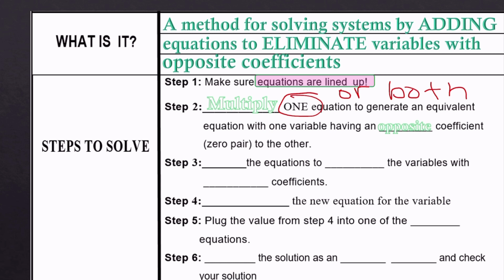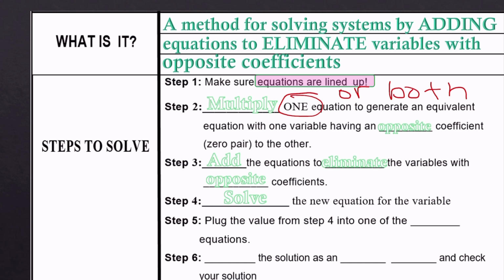Okay, once I've created two new equations so that my variables are opposites, I add the equations to eliminate the variables that have opposite coefficients. By adding the equations together, you're going to get a new equation. You then solve that equation for whichever variable is left. Sometimes it's x, sometimes it's y.